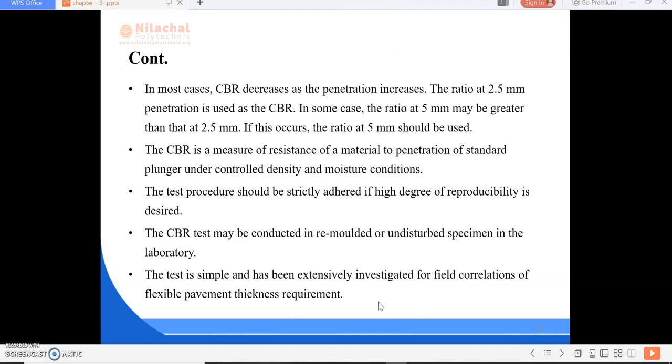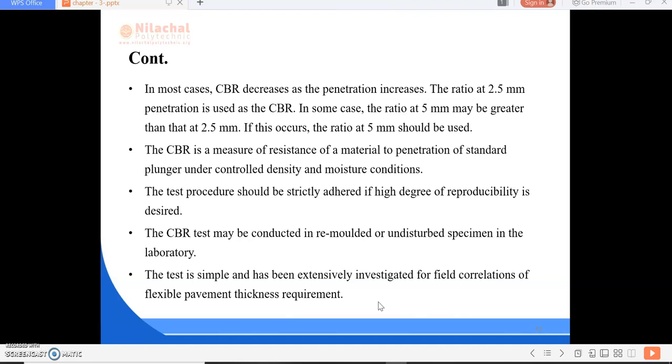Okay. So in most cases, CBR decreases as the penetration increases. The ratio at 2.5 mm penetration is used as the CBR. In some cases, the ratio at 5 mm may be greater than that at 2.5 mm. If this occurs, the ratio at 5 mm should be used.